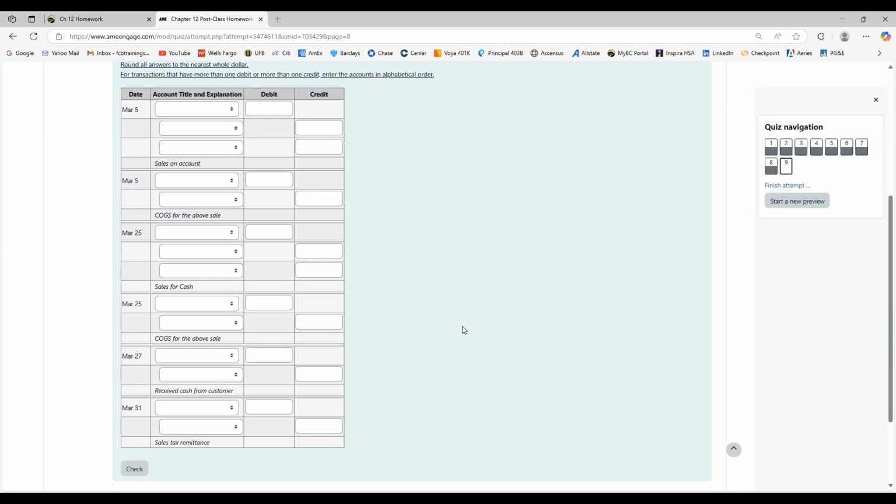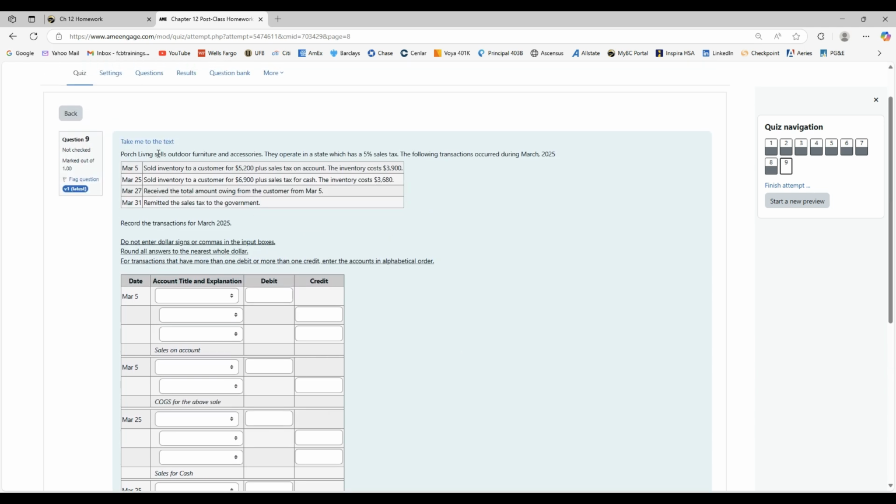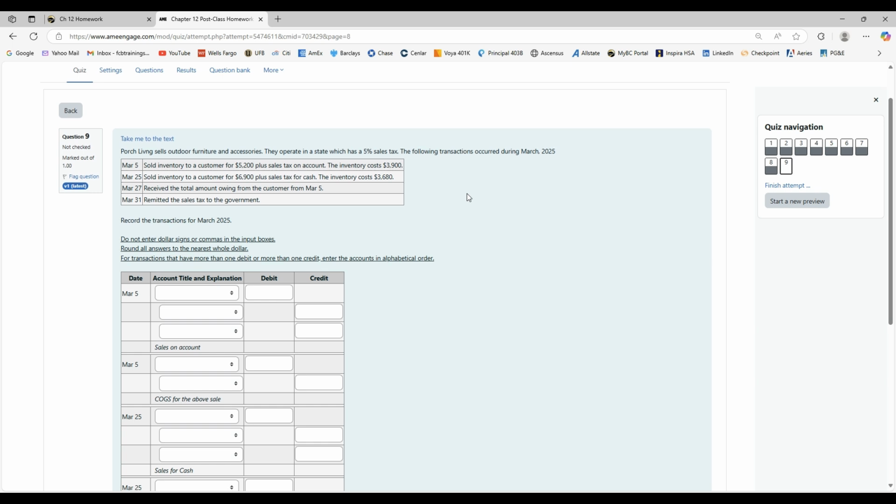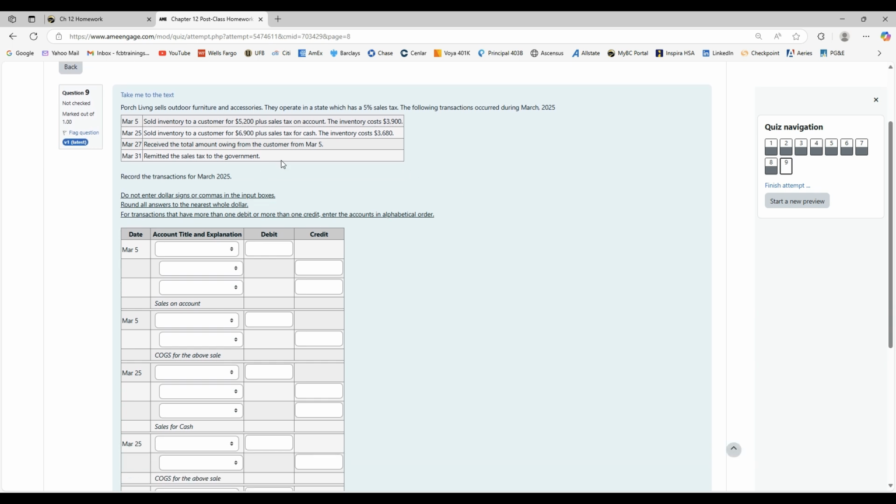All right, and we're on to the last problem here. And now we sell outdoor furniture. We have 5% sales tax, and we had some transactions here. Okay, so real similar to what we just did. We're selling this on account for this first one. Gotta remember which goes first. Sales revenue then was 5,200.